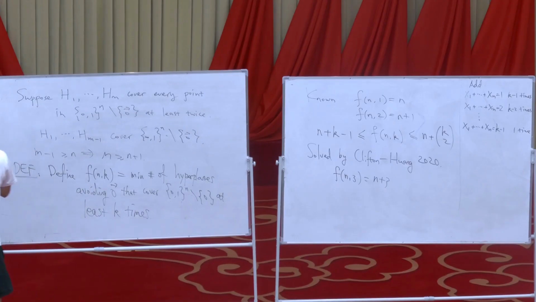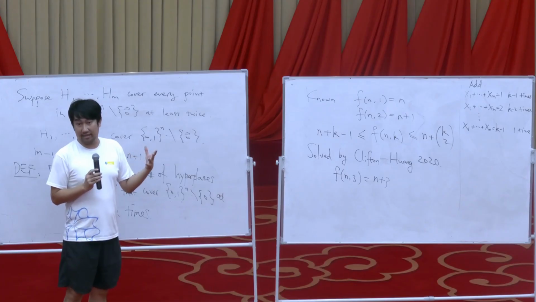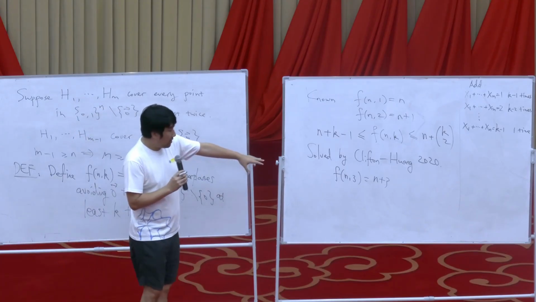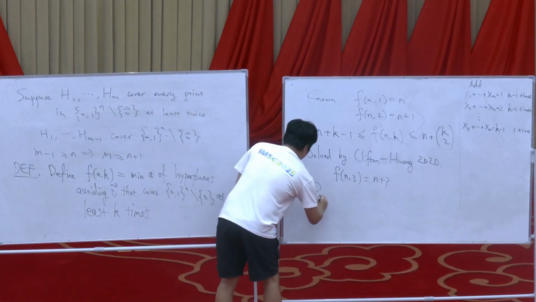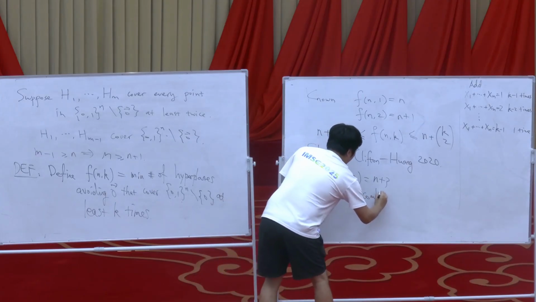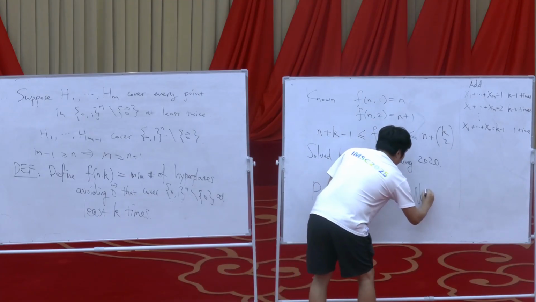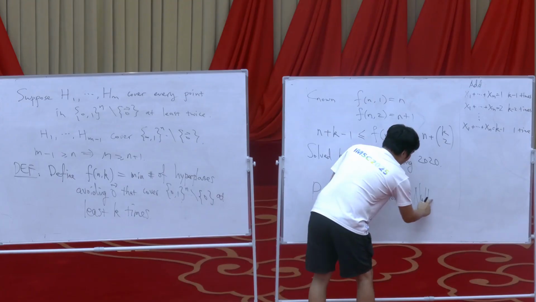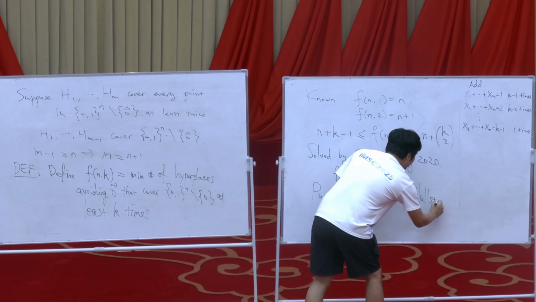Remember that for the Alon–Füredi theorem, and also in last week's talk, Ben Yang told you about this combinatorial nullstellensatz. Here, Clifton and Huang developed something called punctured combinatorial nullstellensatz. The most difficult part is to spell nullstellensatz.